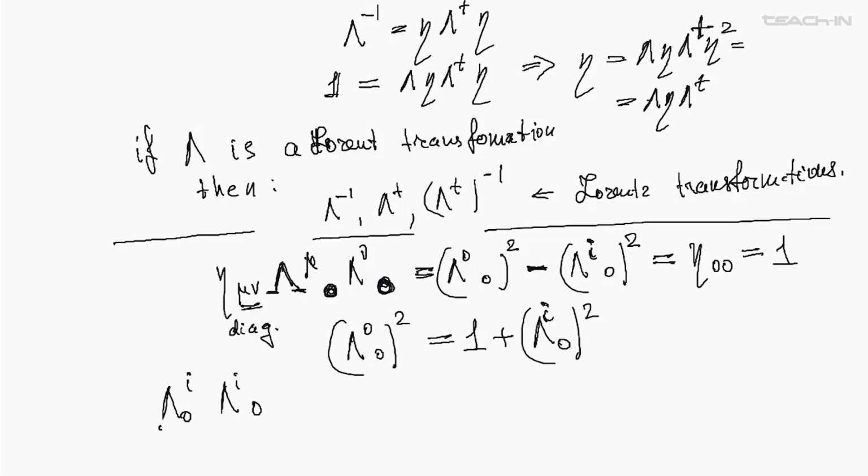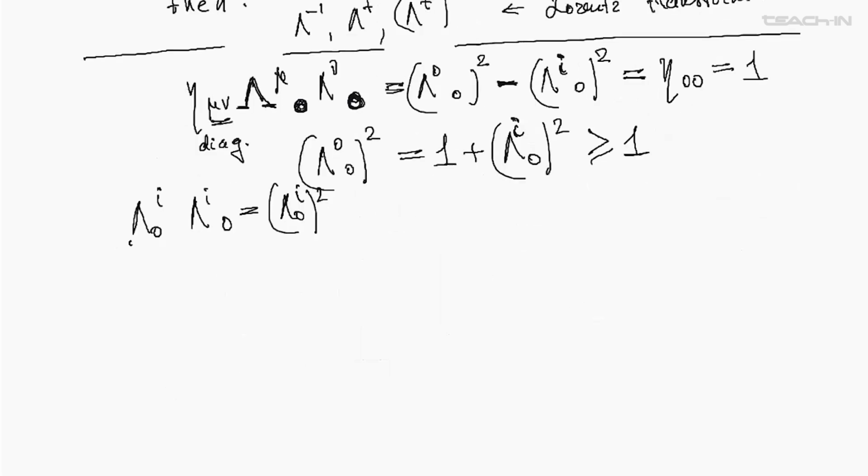And therefore, lambda 0,0 squared is equal to 1 plus lambda 0 i squared, which means that this expression here is always bigger or equal to 1, because you are adding to 1 a non-negative contribution, lambda 0 i squared. And therefore, you deduce that for any Lorentz transformation, you have two possibilities for the component lambda 0,0.